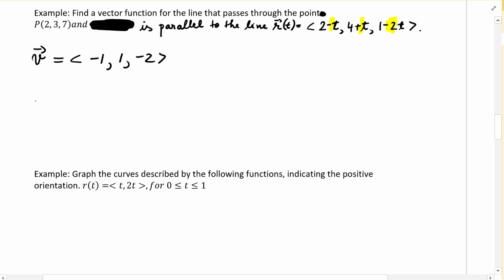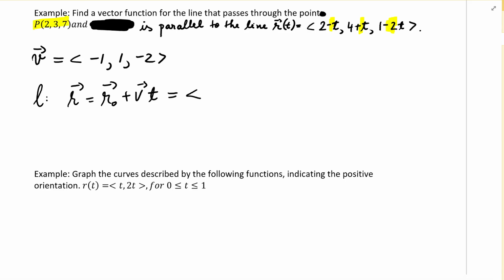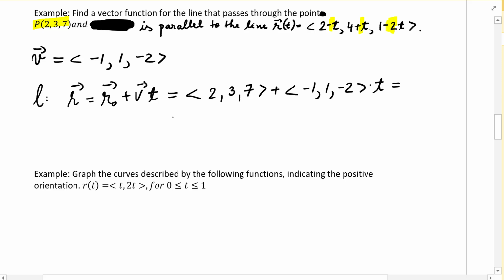And so the vector function of line L is going to be r equals r naught plus vt. So r naught is given by OP, and knowing P is going to give us 2, 3, 7 plus v, which is negative 1, 1, negative 2, times t, so that is equal to 2 minus t, 3 plus t, and 7 minus 2t.